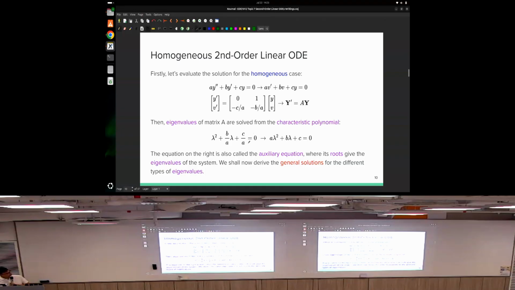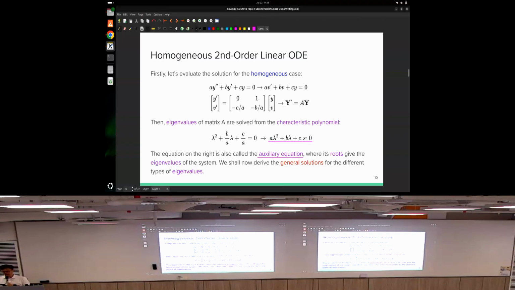Eigenvalues are solved from this thing called the auxiliary equation. The auxiliary equation is actually very simple to obtain, and you have to make sure you know this. This guy is the auxiliary equation.